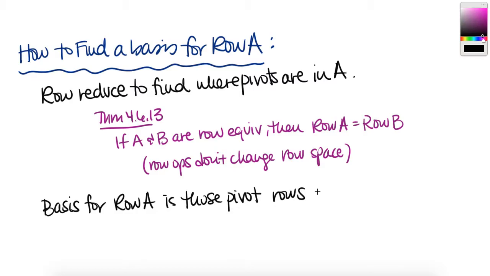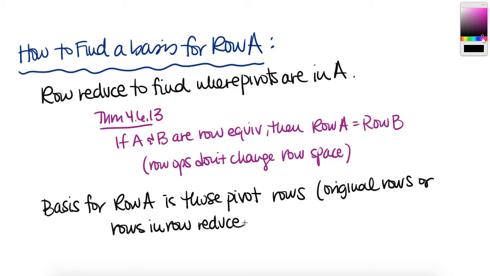With row space, it doesn't matter, okay? So you can use the original rows or the rows in the row reduced matrix. Both form a basis because both are linearly independent sets that generate the row space, and the row space of the original version is the same as the row space of the row reduced version.